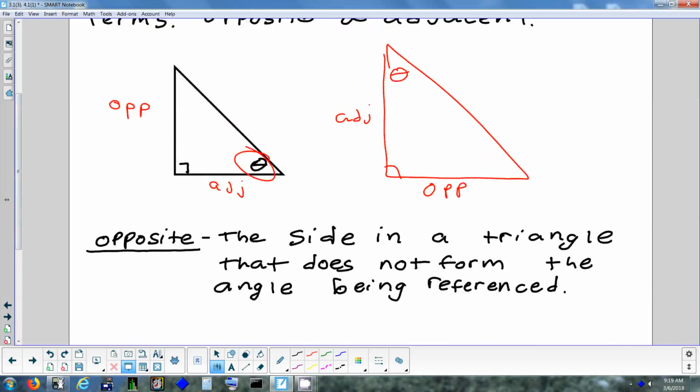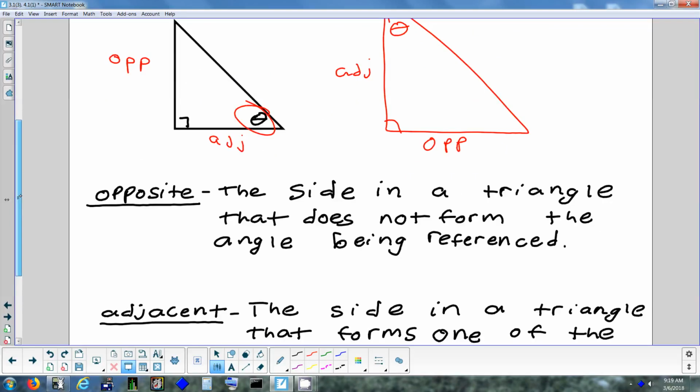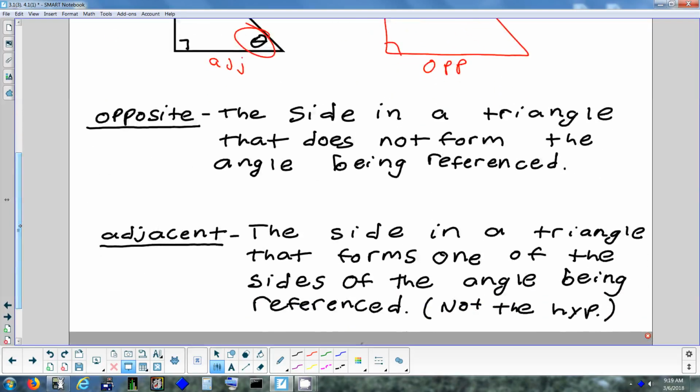So if I erase the adjacent and get rid of that, I don't have an angle there anymore. It's open. There's no other side to the angle. So adjacent is the side of the triangle that's right next to your angle. It forms one of the sides. And it's not the hypotenuse.